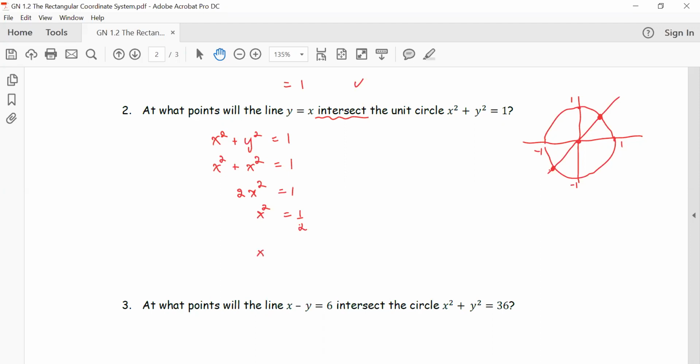Take the square root of both sides, so we have plus or minus square root of 1 over 2. From the relationship y equals x, if x equals square root 1 over 2, y will be square root 1 over 2. For x equals negative square root 1 over 2, y will be negative square root 1 over 2. So we get two ordered pairs.